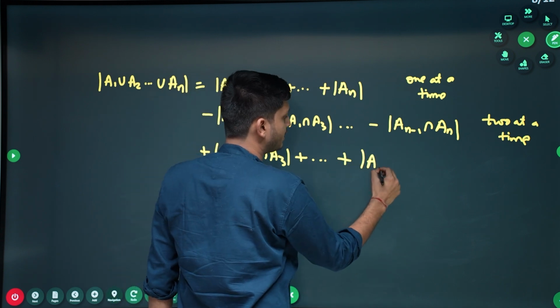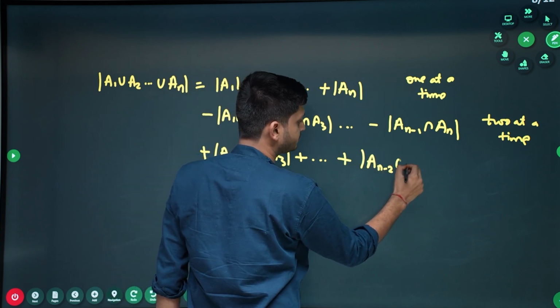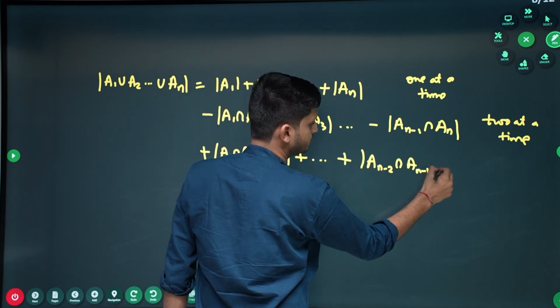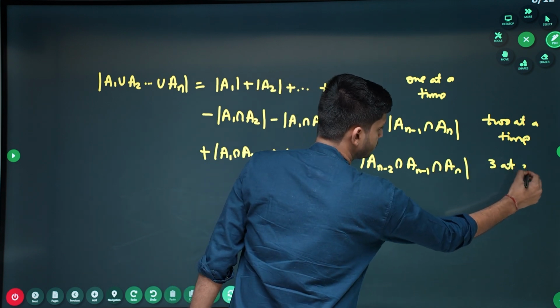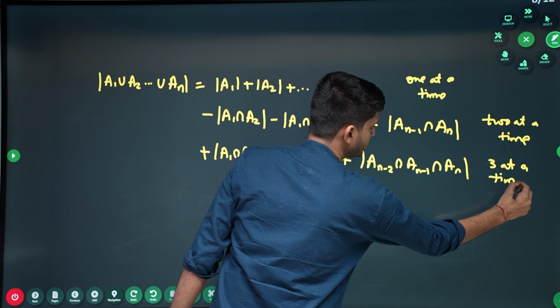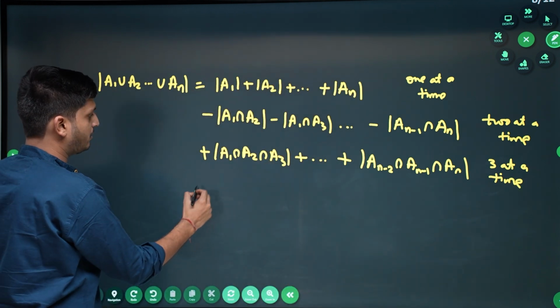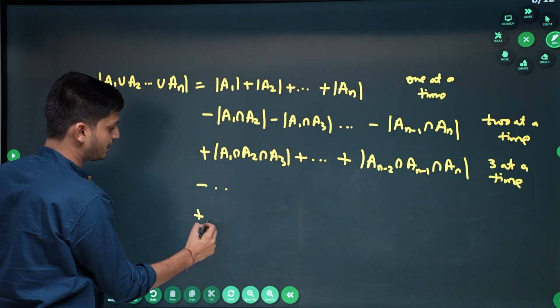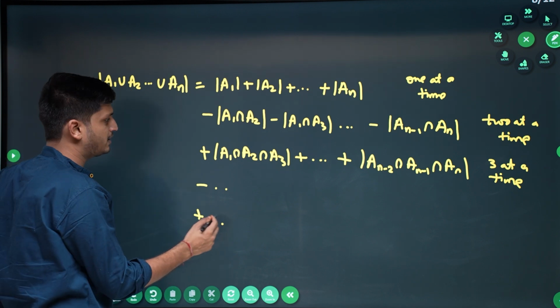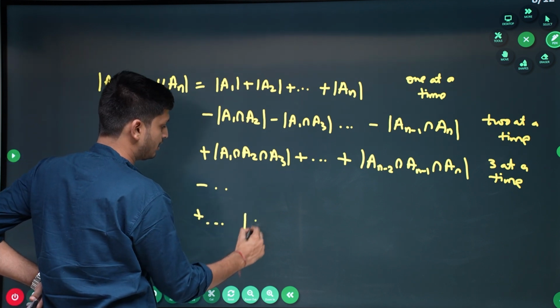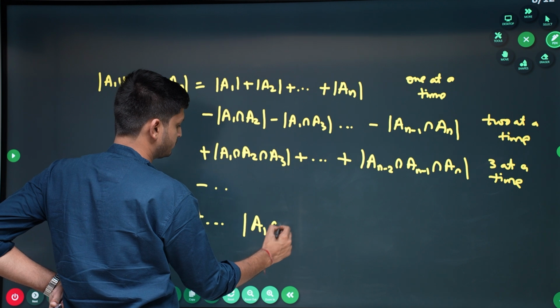We add all the sets taken 3 at a time. Okay, and we keep doing it that way, minus 4 at a time, plus 5 at a time, and so on. And at the end we will have minus or plus, anything might be there. Then we will have all the elements at once, n at a time.